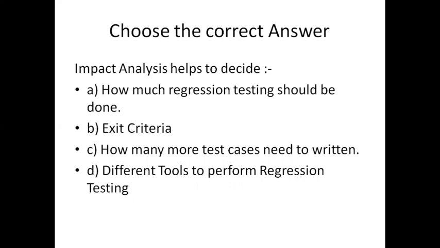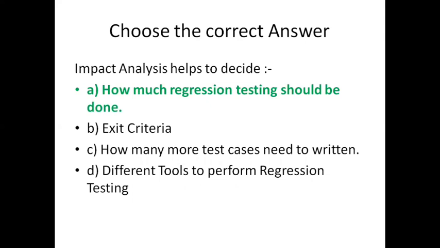So you are very, very close to the answer. The correct answer is actually how much regression testing should be done. The C option was introduced over here to confuse you. When you said how much regression testing should be done, you were mentioning the definition, which is absolutely perfect. So you are doing impact analysis to know more about the product.